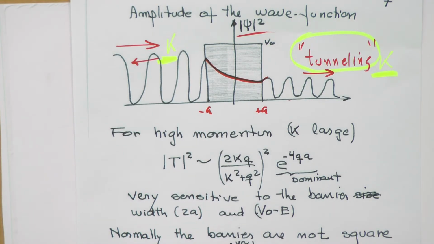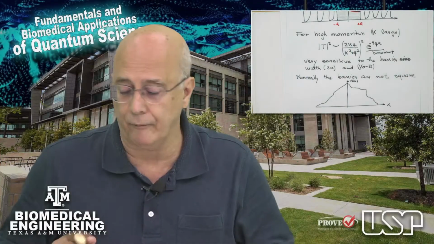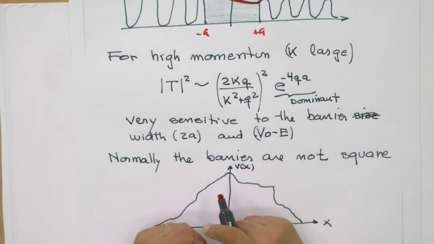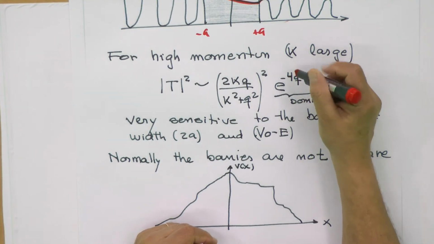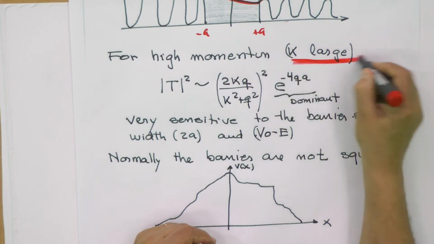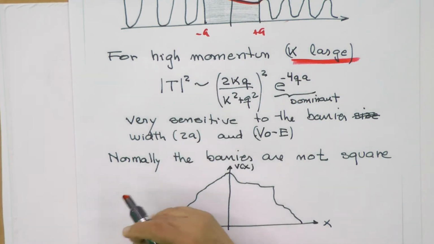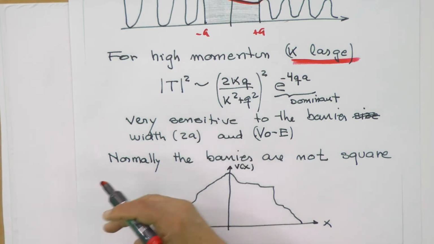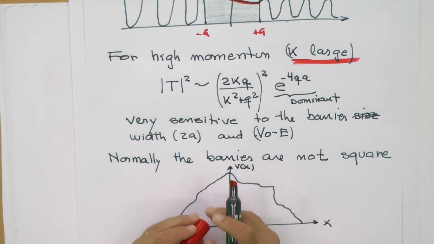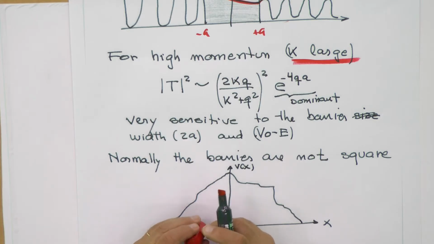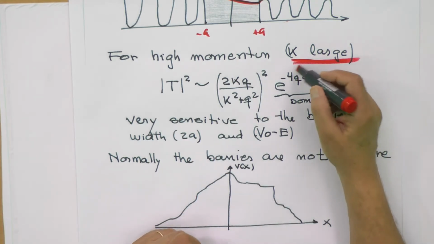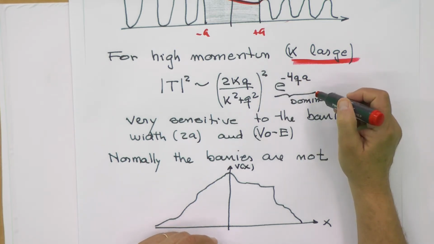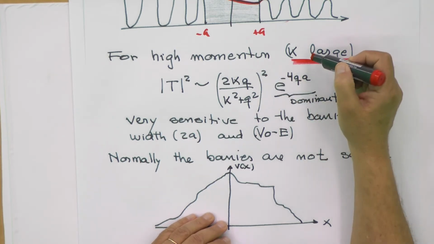Okay? Very important. Now, if you have a high momentum, which means large K, we can go and do some approximations on the expression of T squared that I gave to you, and the dominant term of this hyperbolic sine is the one that's positive on the top.